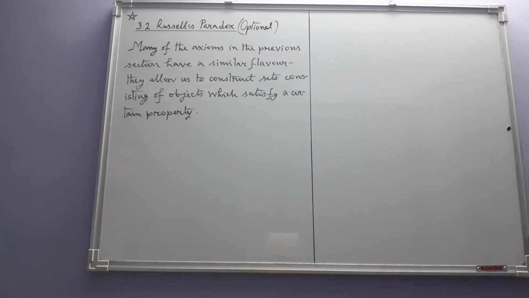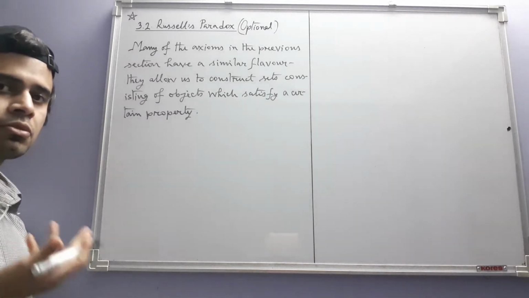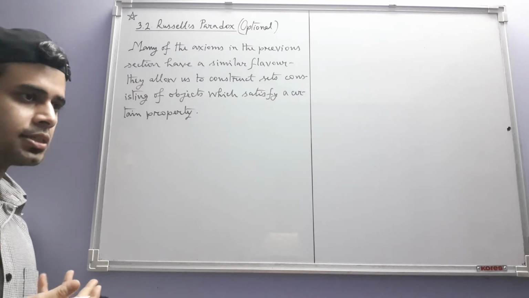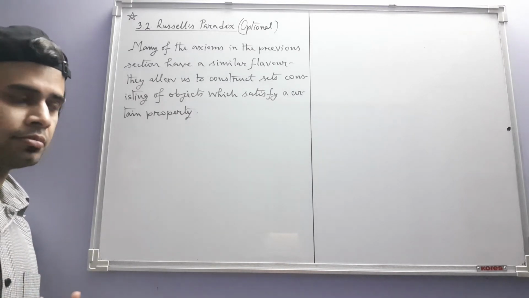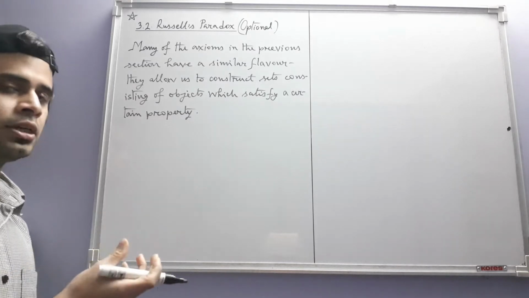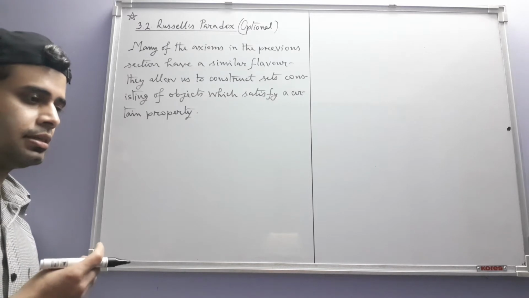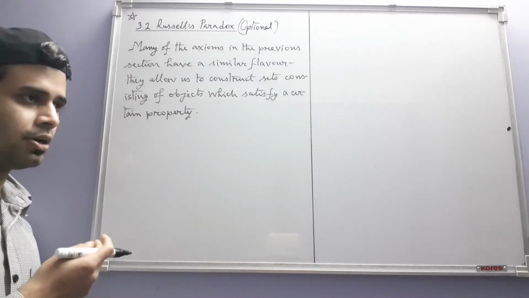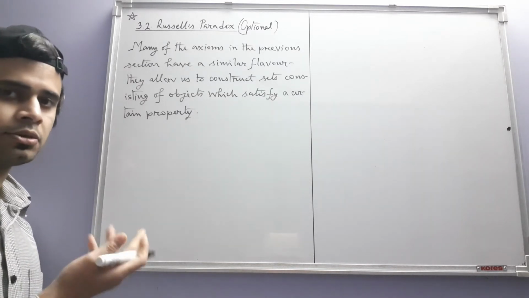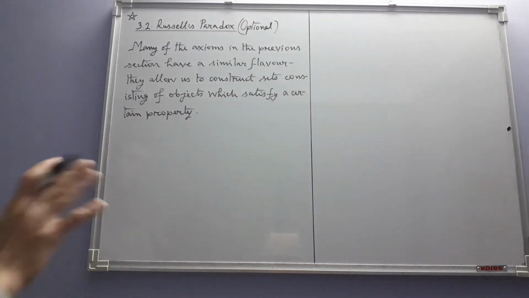For example, you may think of the empty set as the set of all objects which satisfy some impossible property. The union of two sets is the set of those objects which belong to either one set or the other set or both. So just like that, they have this similar flavor.